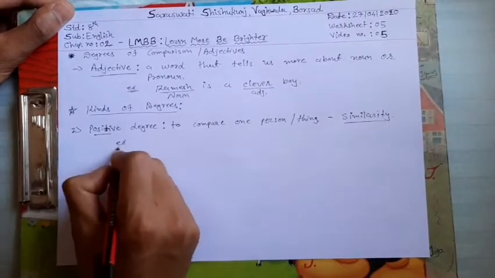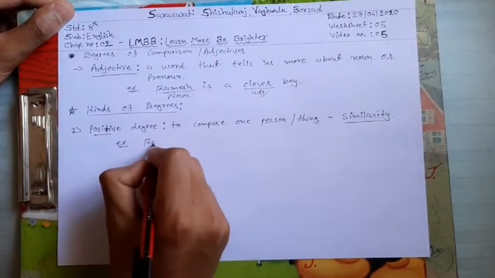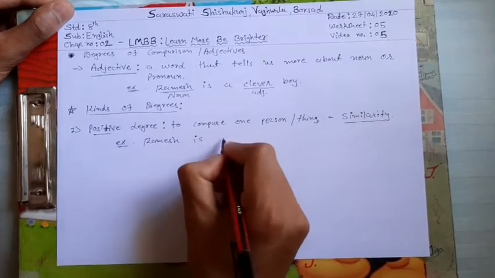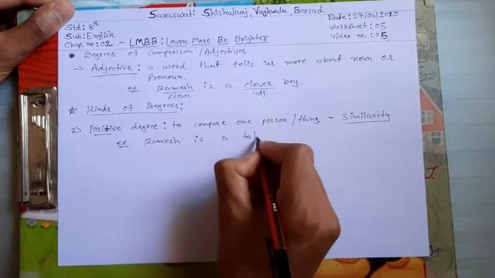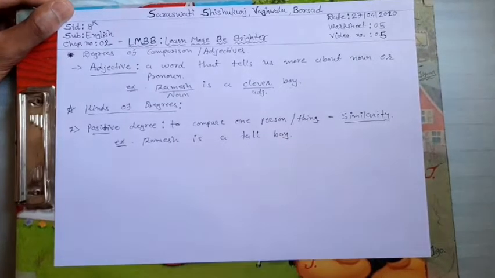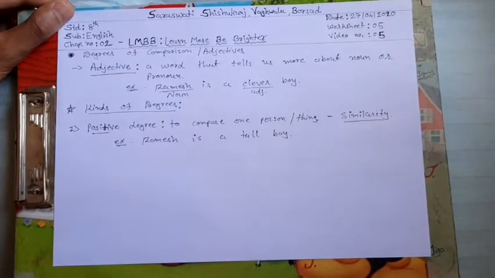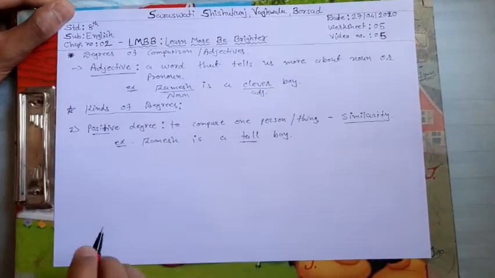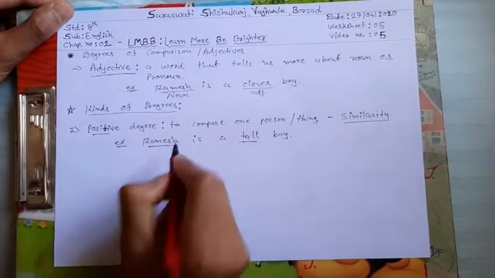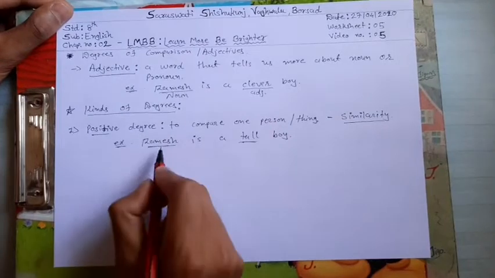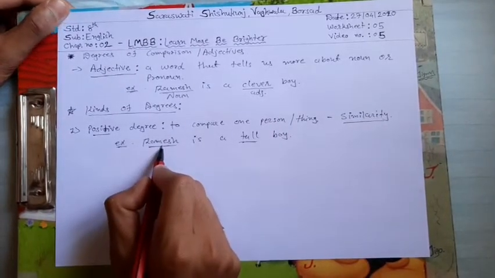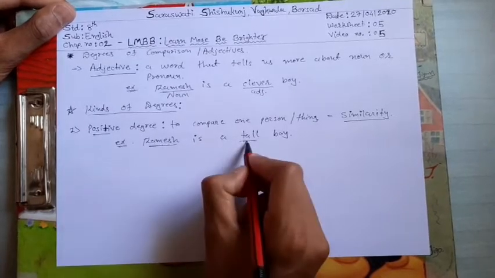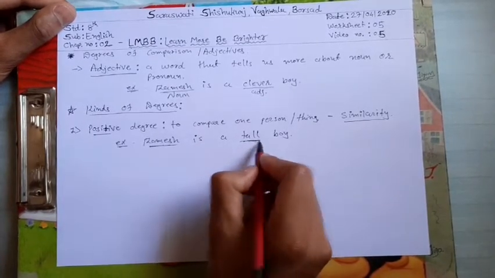For example, Ramesh is a tall boy. What is the adjective used in this sentence? Yes, tall. Tall is an adjective and the noun is Ramesh. We are talking about a person, and we have added something about the noun Ramesh.